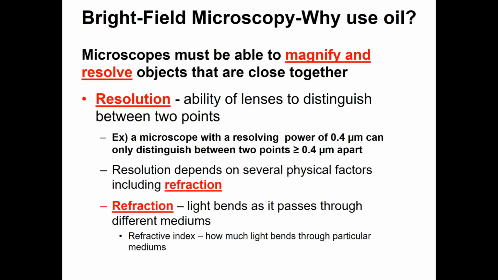So when light in your microscope shines up through the glass slide, the light bends. This is why we need oil for our oil immersion lenses on our microscopes.